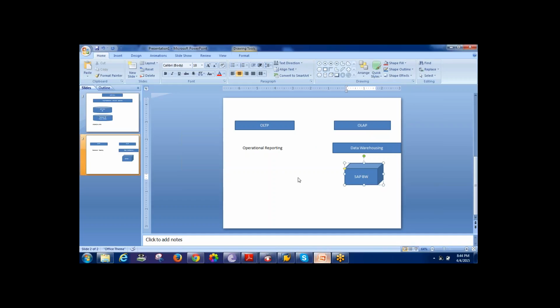Whenever we talk about SAP software, we refer to it as the application layer. SAP BW is the application layer, which means that the actual software resides in a layer called the application layer.